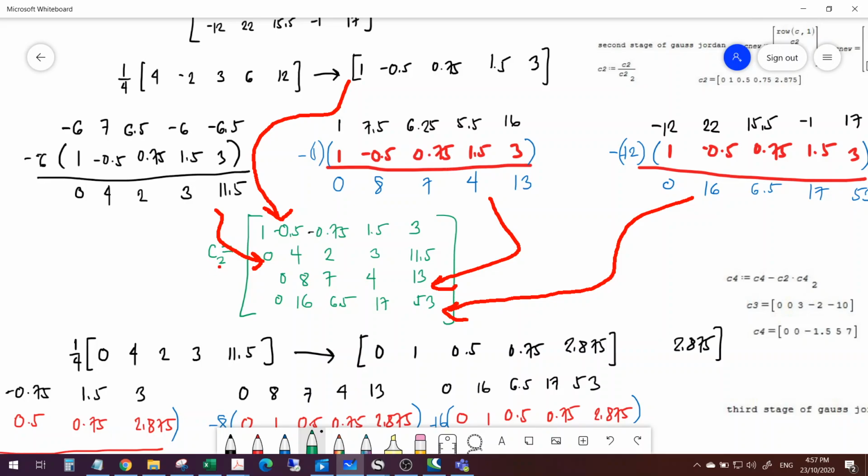I assign that as C2, just to show that our original C becomes transformed into C2. So that's the second stage.